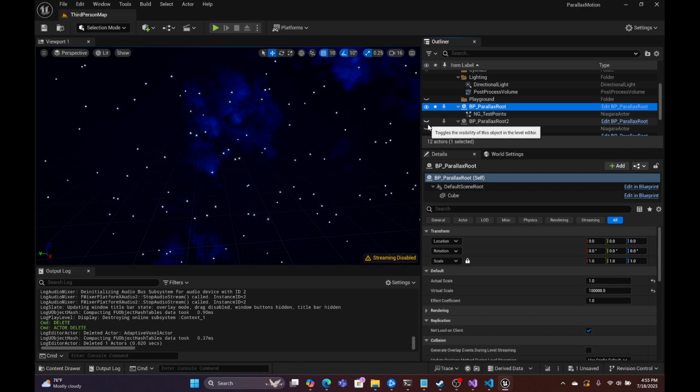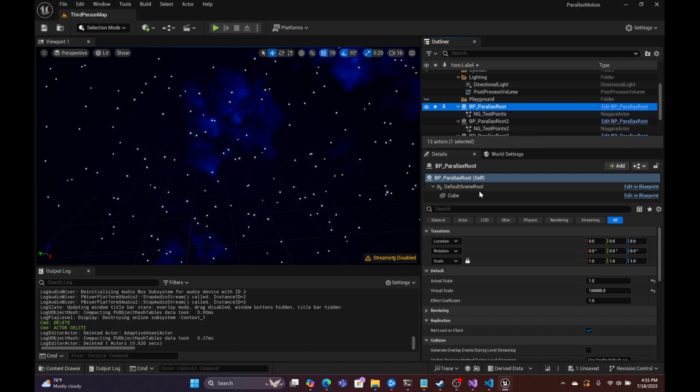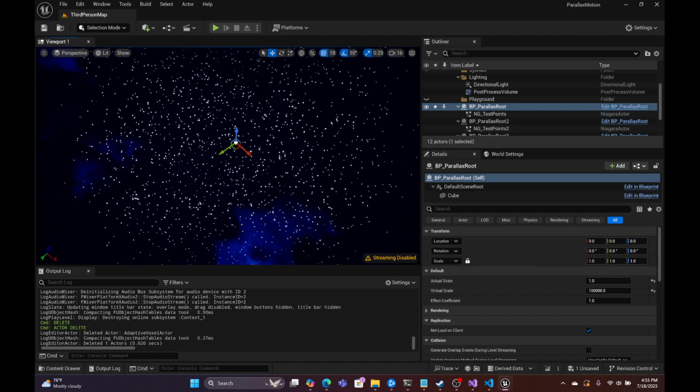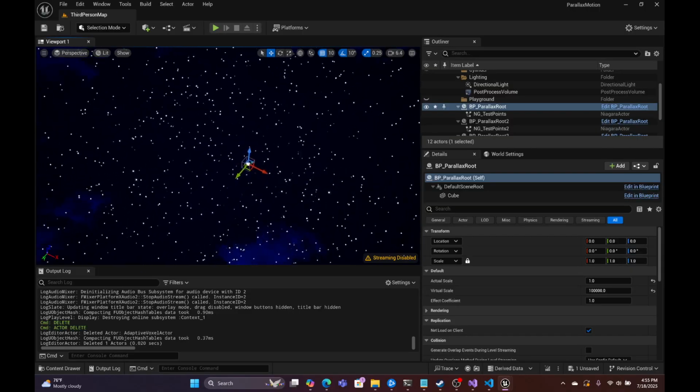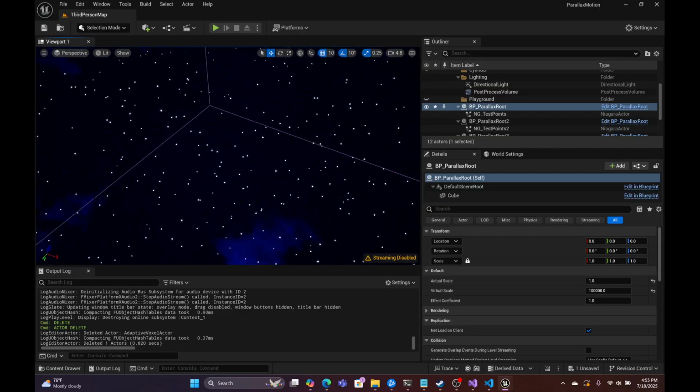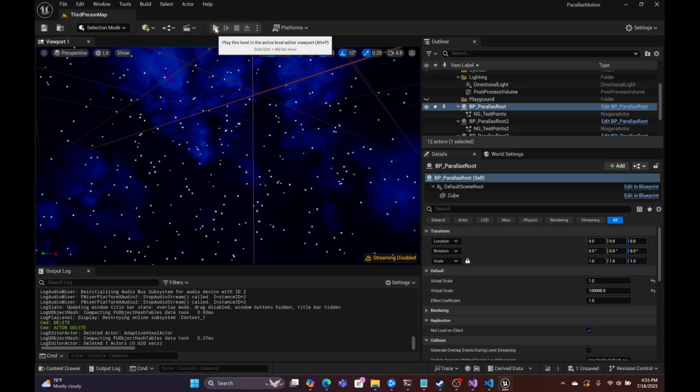So that would turn this into centimeters equals kilometers.